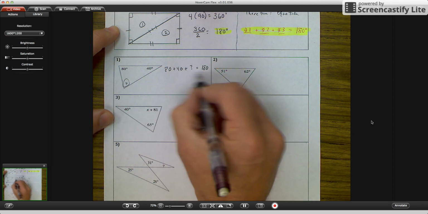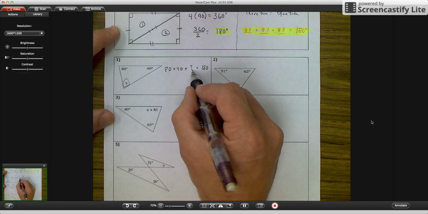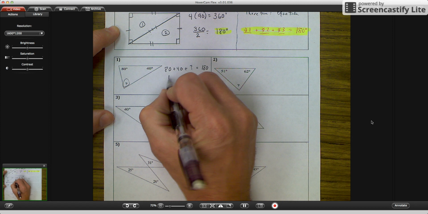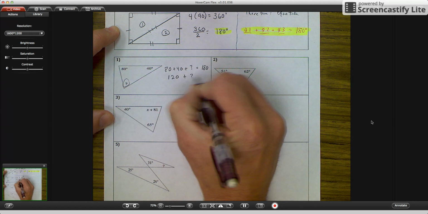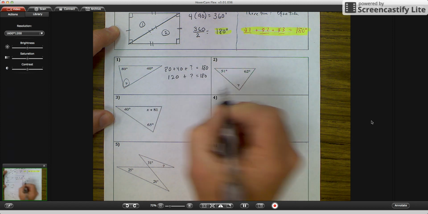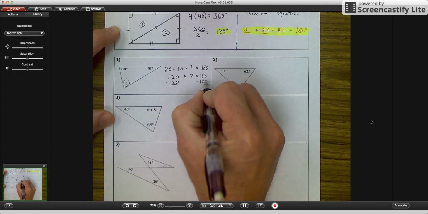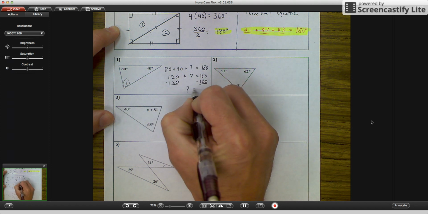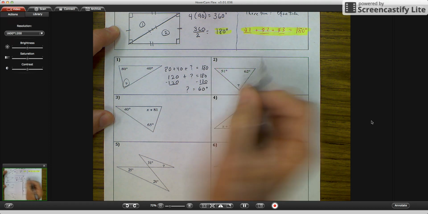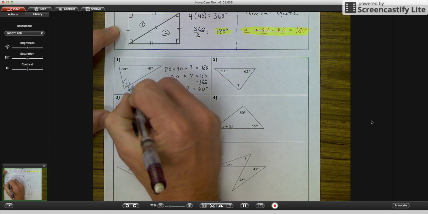There's your equation. Now we're just going to solve for our question mark. So 80 plus 40 is 120, plus our question mark equals 180. Subtract 120 from both sides, and you get our question mark is equal to 60 degrees.